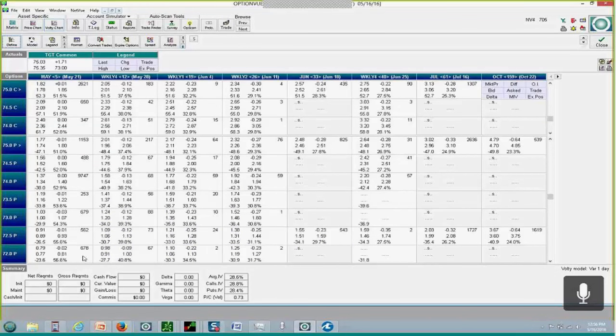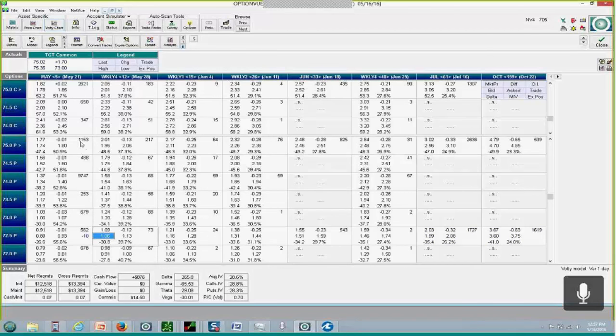And so here, the 72.50 is trading at about 91 cents. The bid-ask is 89 by 93 cents. That's nice and tight, 91 cents. So if I was to sell 10 of those 72.50s, let's call it 90 cents is what it is.